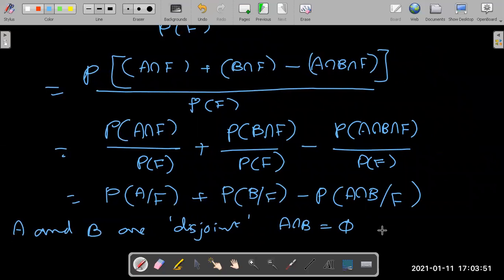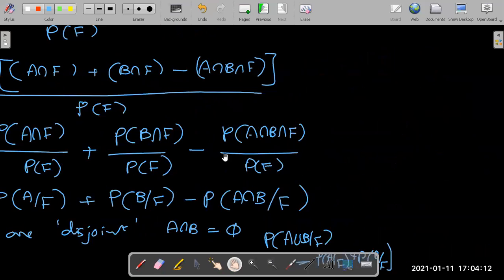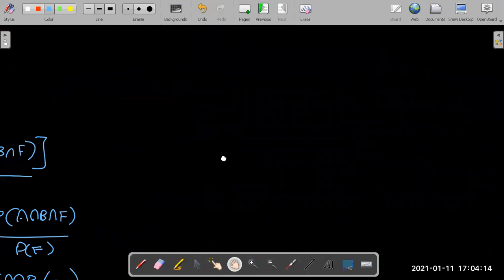Then the probability of A union B given F equals, this becomes 0, the first one, probability of A given F plus probability of B given F. That's it. So that is the subcase. Then we go to property 3.